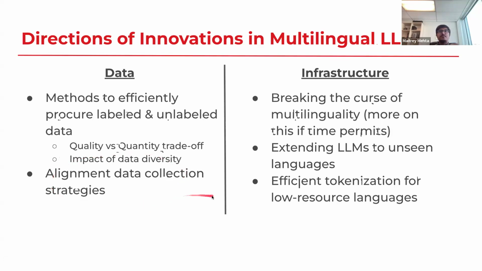This direction also caters to how you can collect alignment data, and so on. So basically, this is the data direction. The other direction, which I won't really talk about today, is the infrastructure direction. So how do you modify the transformer architecture to make it more amenable for fitting all these languages in, and how do you extend an existing multilingual model to new languages and things like that, right? So these are two directions of research.